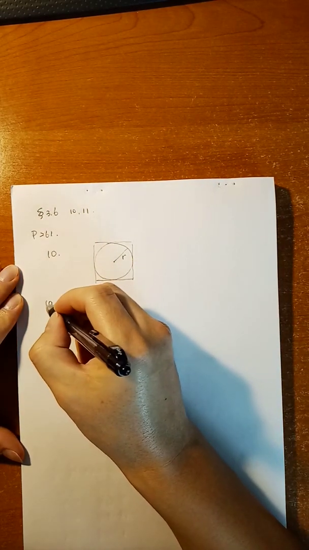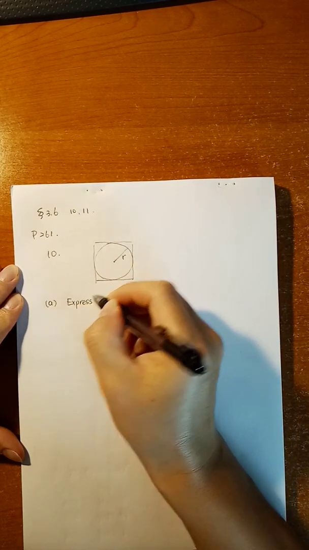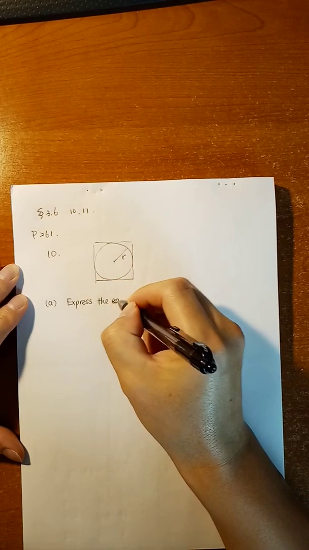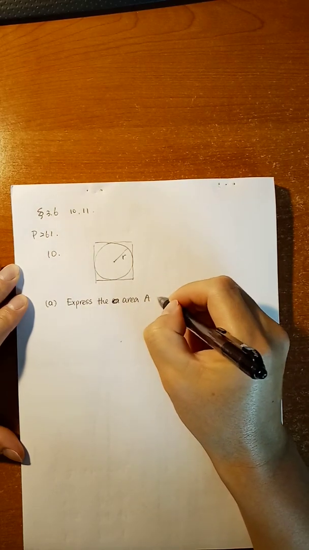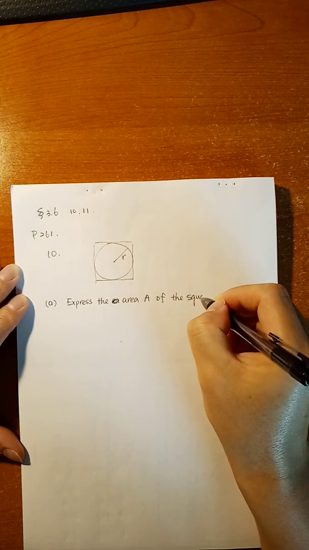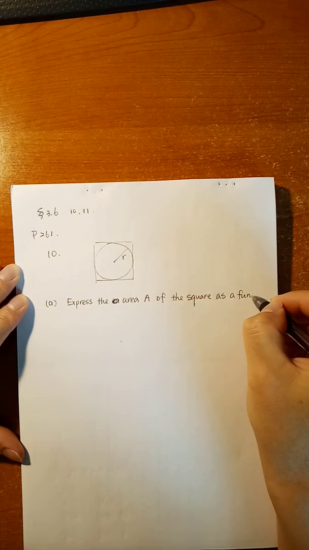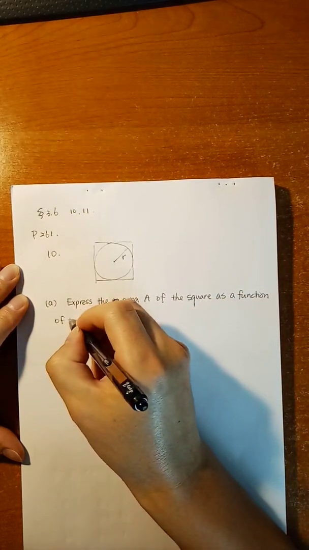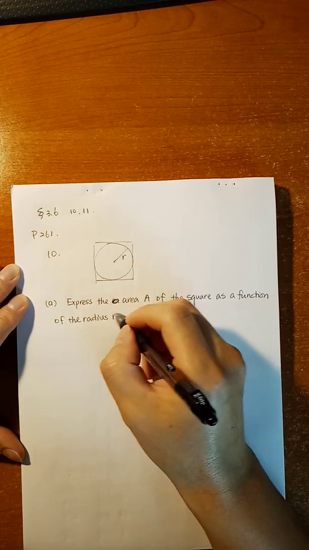Express the area A of the square as a function of the radius r of the circle.